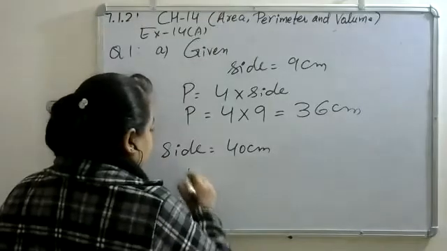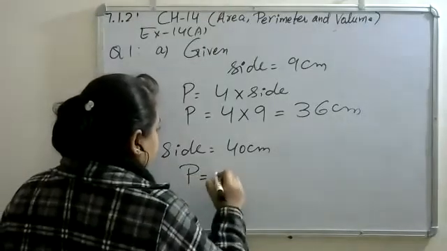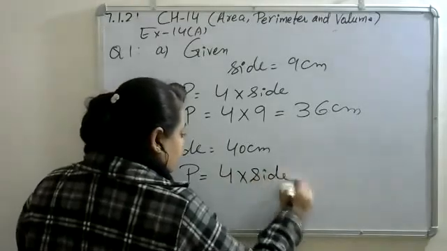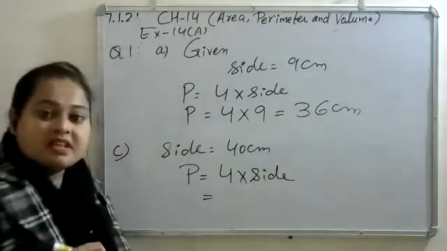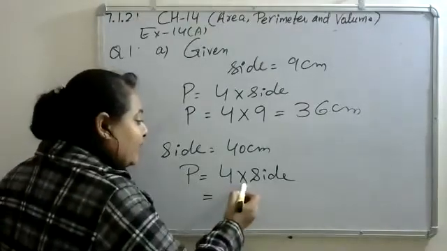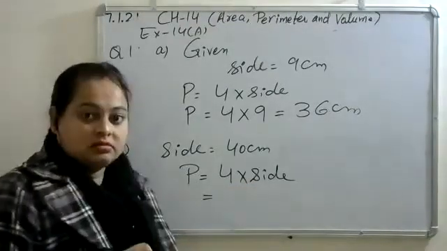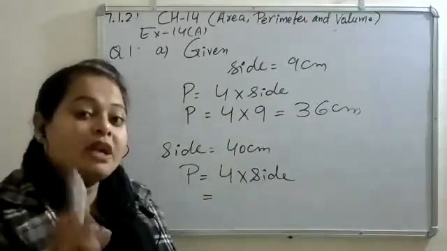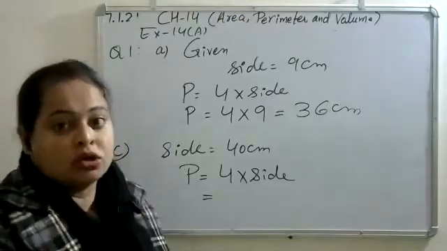Perimeter is equal to 4 multiplied by side. Not 40 multiplied by side. The perimeter is 4 multiplied by side. Always 4. In square, you will always write 4.